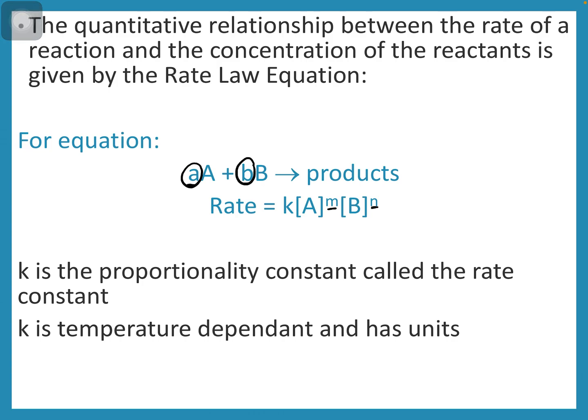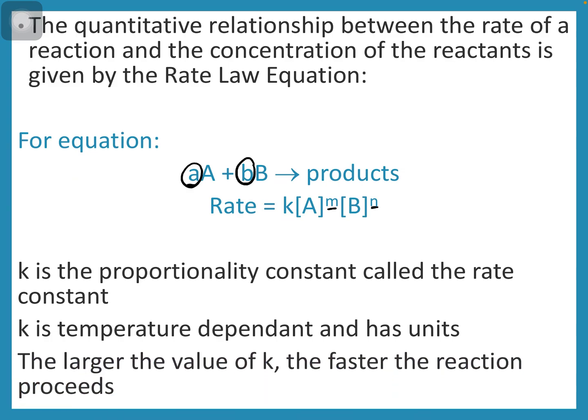So if I heat something up, generally reactions are going to happen faster, and if I cool something down, the reaction happens slower. So even for the same reaction, a rate constant will be different at different temperatures. So it does have units, but the units are going to depend on the rest of the equation.